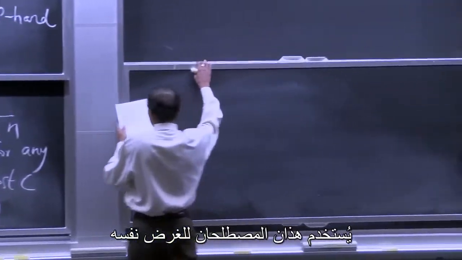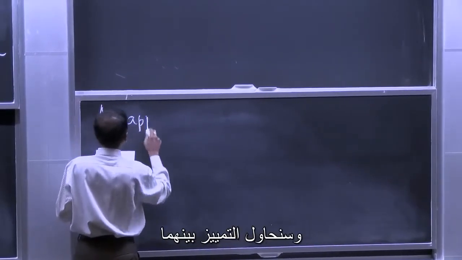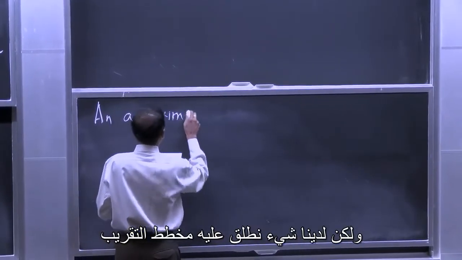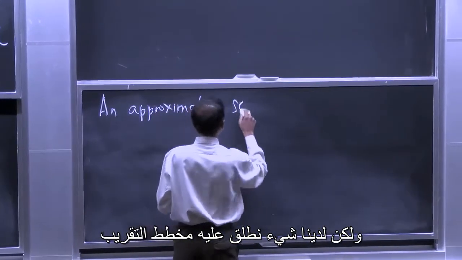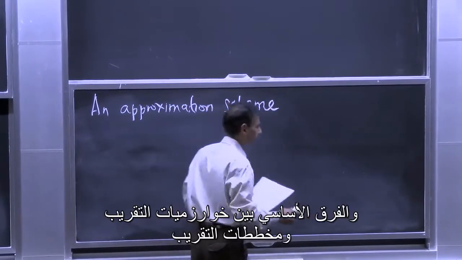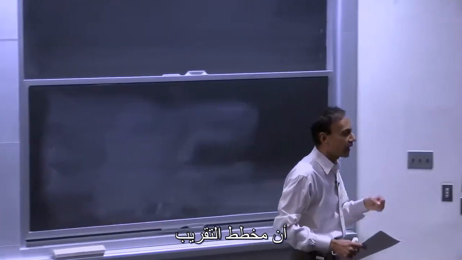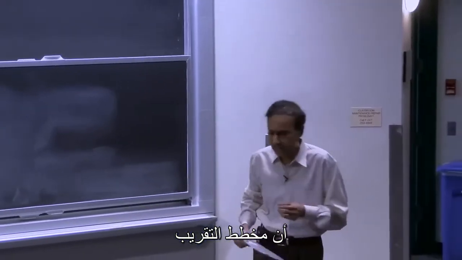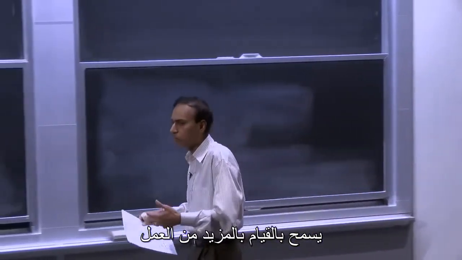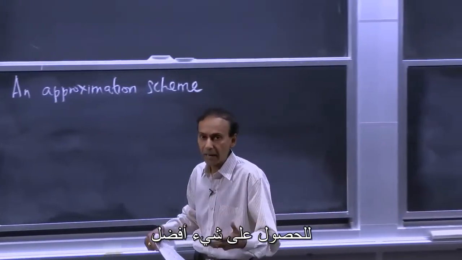If these terms are used interchangeably, we'll try and differentiate. But we do have something that we call an approximation scheme. And the big difference between approximation algorithms and approximation schemes is that I'm going to have a little knob in an approximation scheme that's going to let me do more work to get something better.